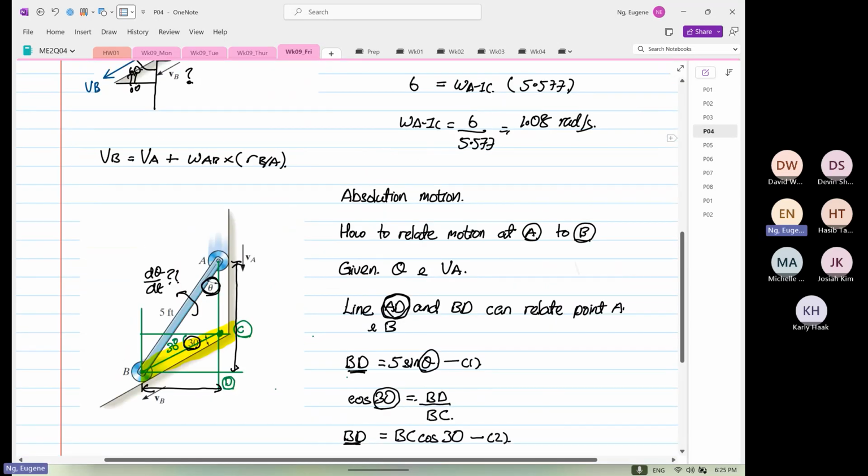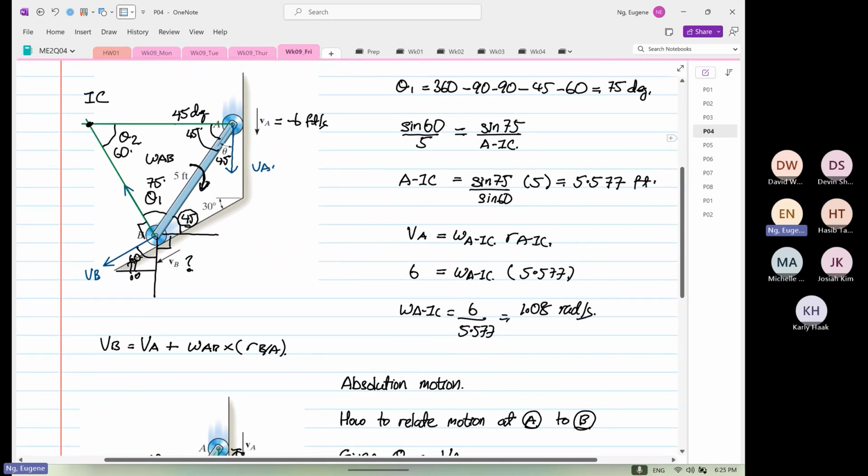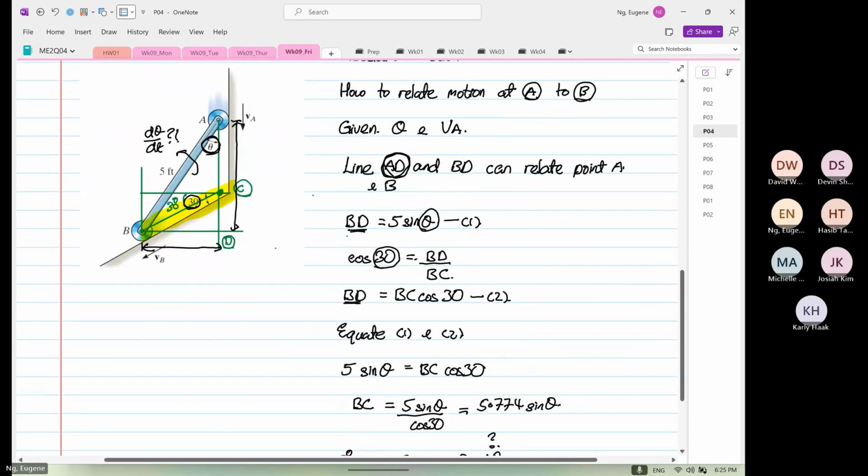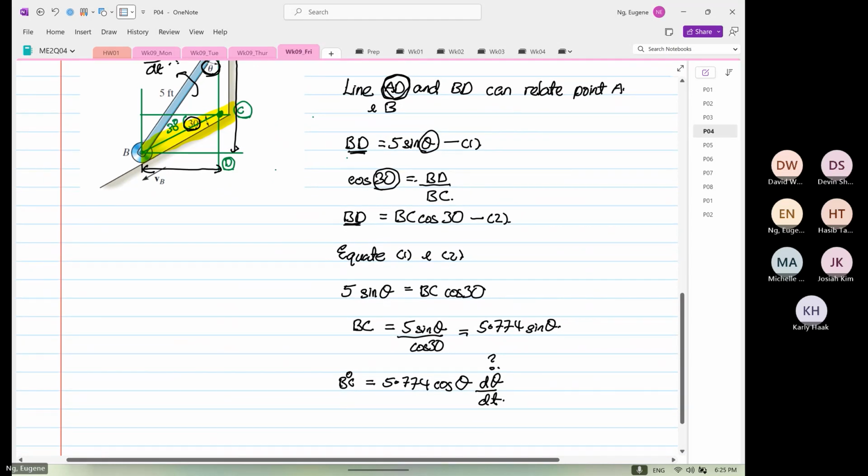So now I'm solving this without using the instantaneous center method. You can do it now. I just did not write that. Okay. You can do that.